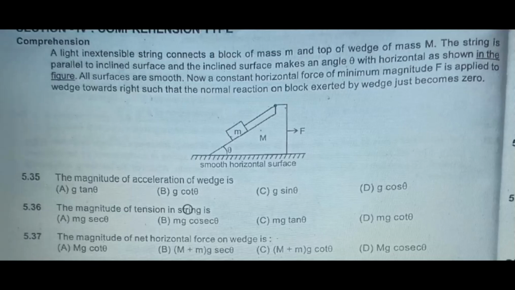So what is the condition for the normal reaction to become 0? The pseudo force plus the tension together should balance the weight. Yes. Okay, so all you have to do is apply that.